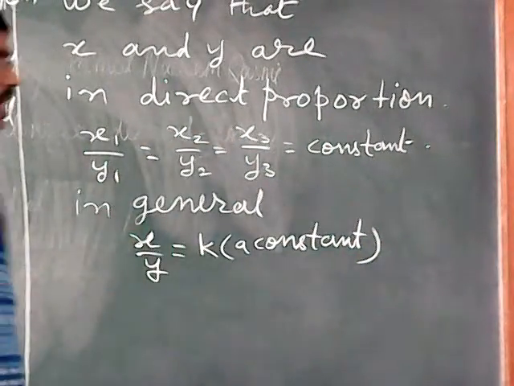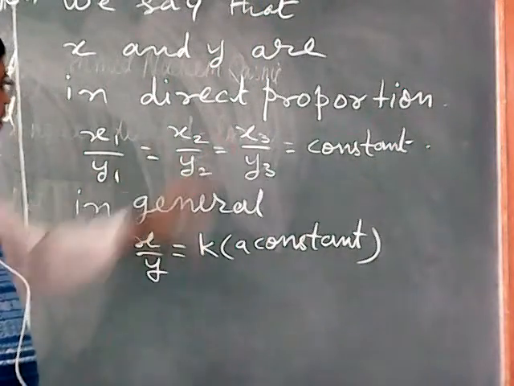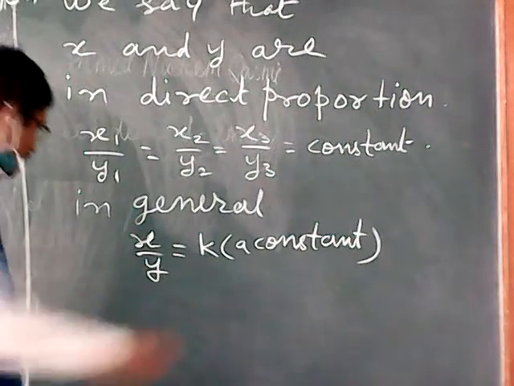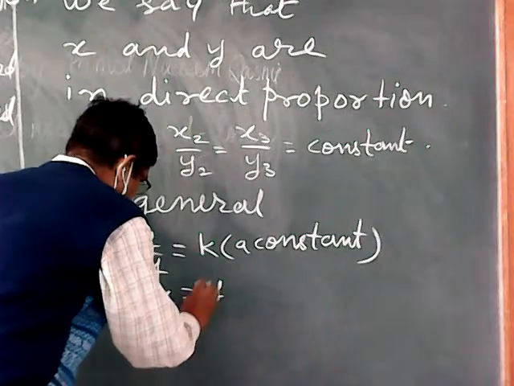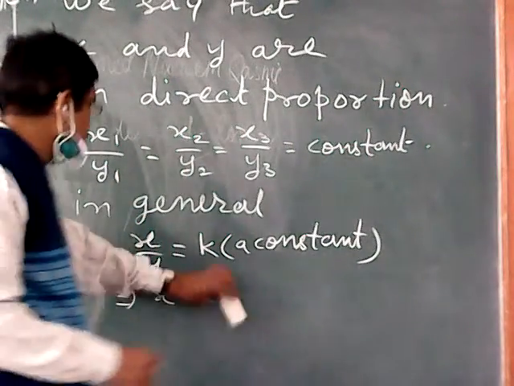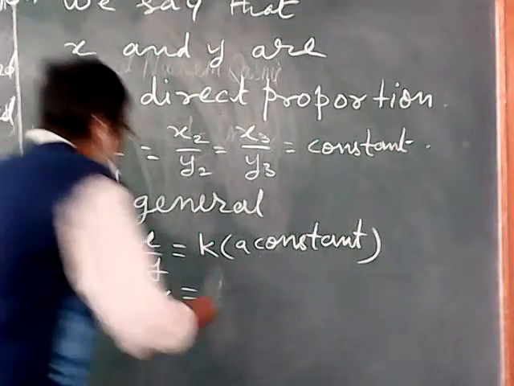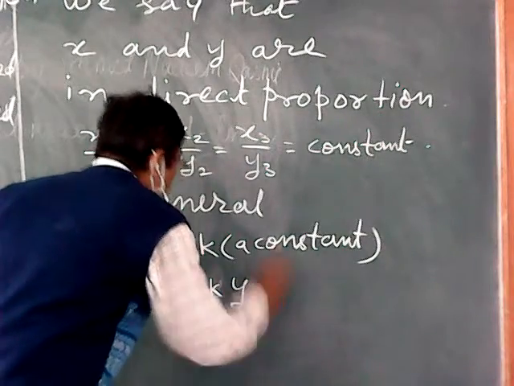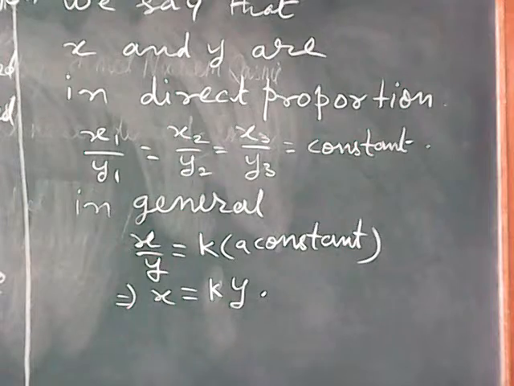So when two variables are in direct proportion, this is the formula we will be using, and sometimes we write it like x is equal to ky. So in the future, in non-linear physics, you will be using this concept. It is very important to know this, and now we will be solving questions.